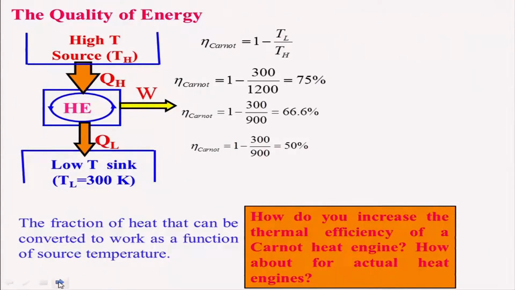What can we infer from this? That means if I take a higher source temperature, I get higher efficiency for the same sink temperature. That is from the Carnot cycle, and that will be true for the other irreversible engines as well.